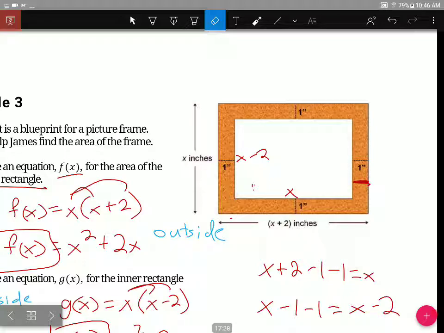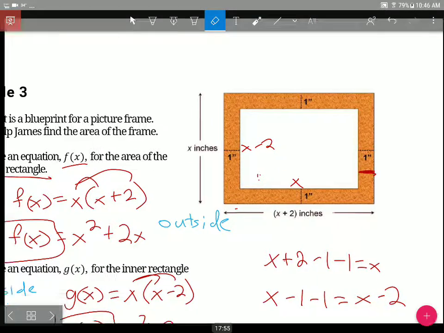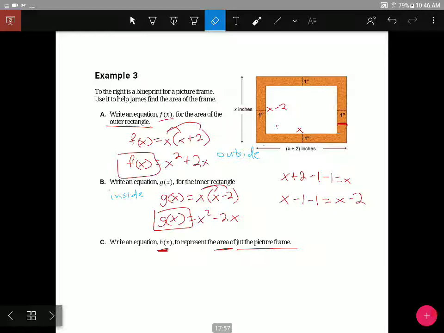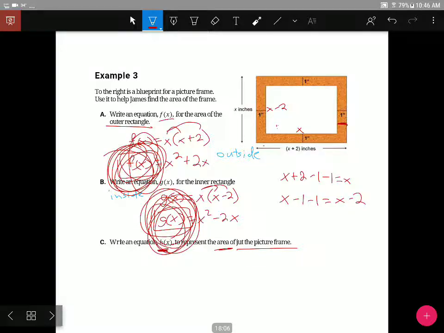What did I do to this piece of paper in the middle? I took it out. What is a mathematical term for taking it out or getting rid of it? Subtracting it. All right, I took the whole piece and I subtracted the middle, right? So if my F is the whole piece and my G is the middle, what am I doing to those two to just find the outside?